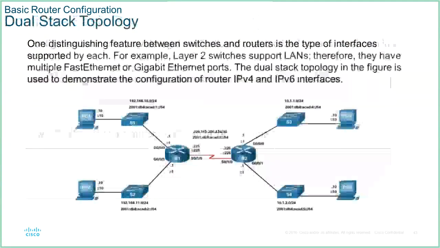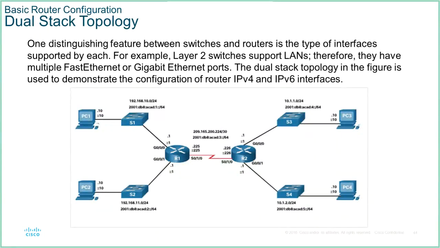Okay, dual stacking. This is where we are running both IP version 4 and version 6 at the same time. This is generally done when we're migrating across to V6 or trying to merge systems together and need both running.